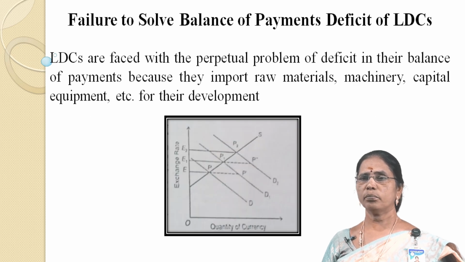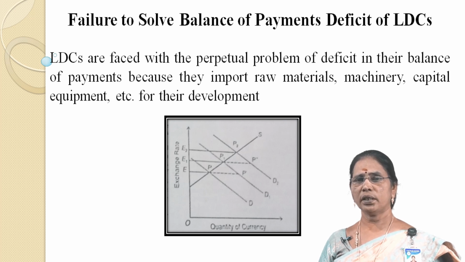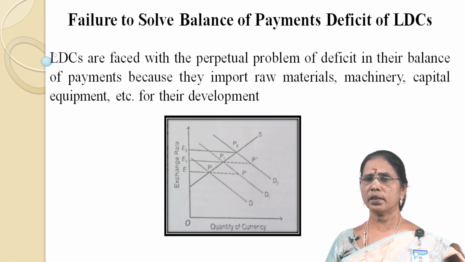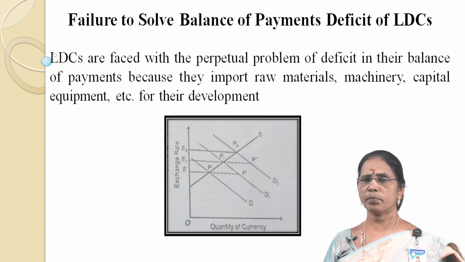Failure to solve the balance of payments deficit of less developed countries. Now we have to see that less developed countries are faced with the perpetual problem of deficit in their balance of payments because they import raw materials, machinery, capital equipment, etc. for the purpose of their development.